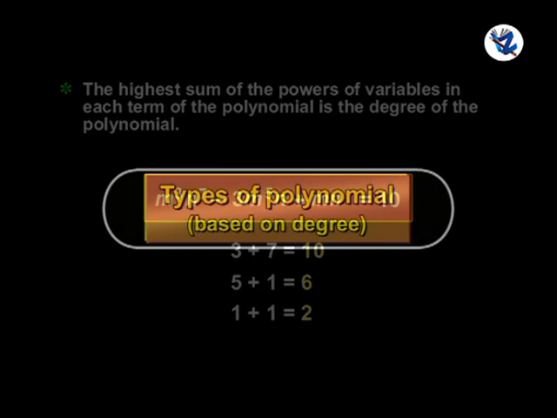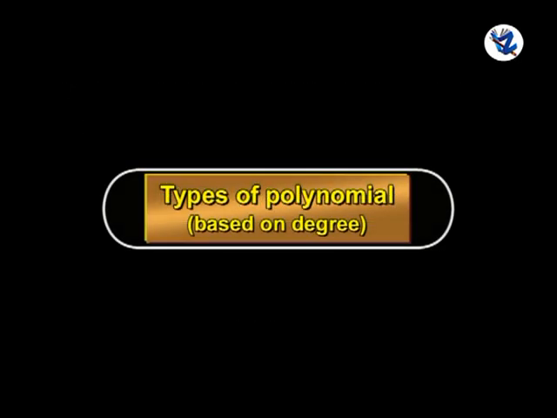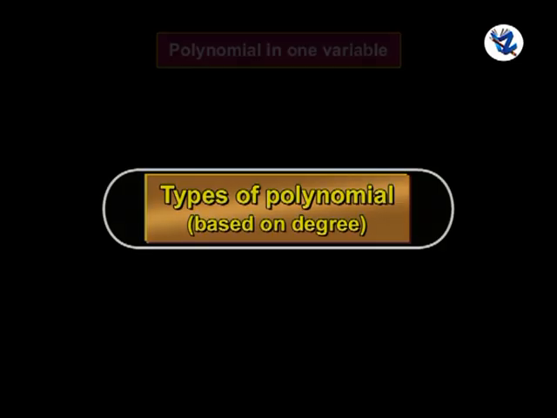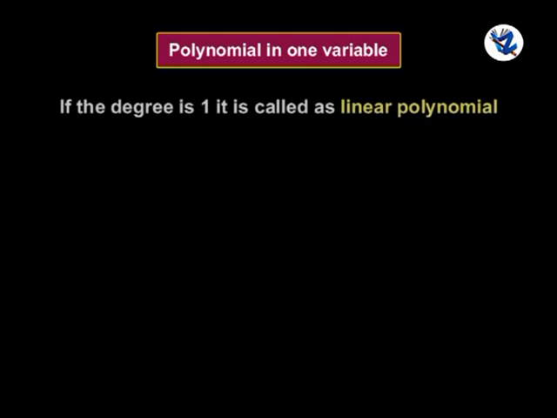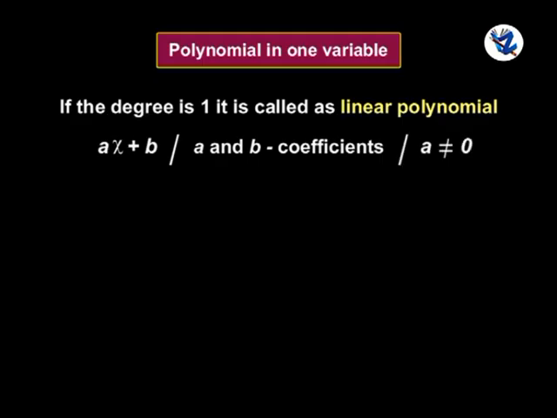Now we can have different types of polynomials based on degree. For the polynomial in one variable, if the degree is 1, it is called a linear polynomial, and the standard form is ax plus b. Here a and b are the coefficients and a is not equal to 0.